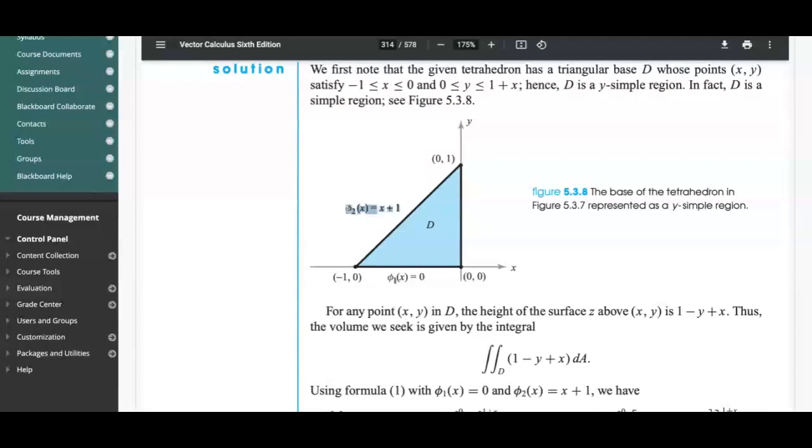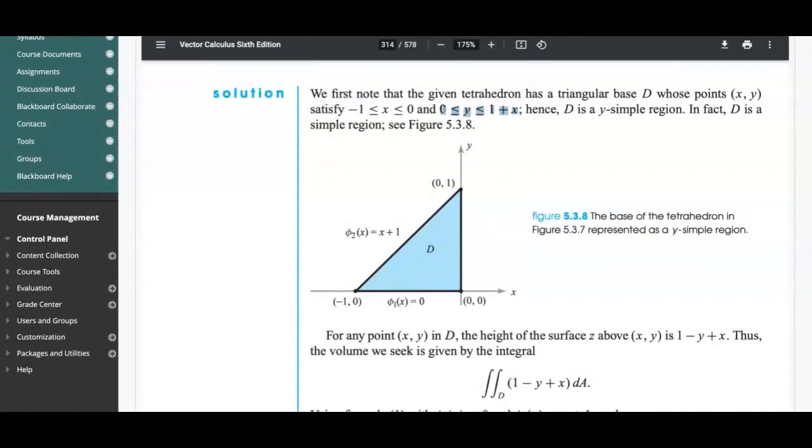In this case, that's y equals x plus 1. So the lower limit of y is 0 and the upper limit of y is x plus 1. This is given here, but sometimes it's not given and we need to calculate it ourselves. Most often, we need to calculate it ourselves.